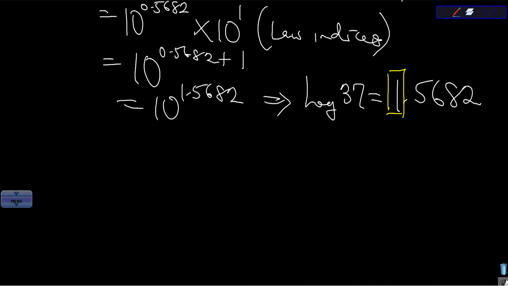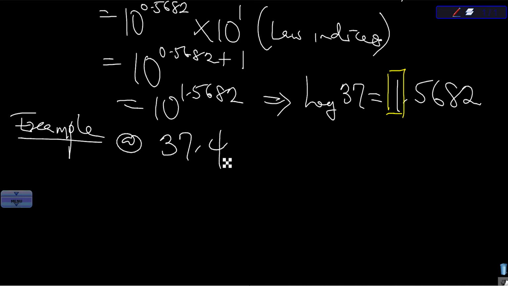In a situation whereby you are now having problems that look more complex, let's look at how to provide the answer to the logarithm of numbers like 37.4 and 3.746.